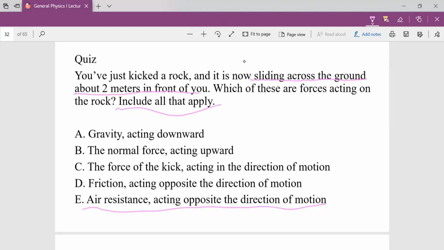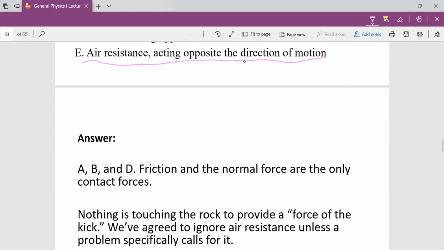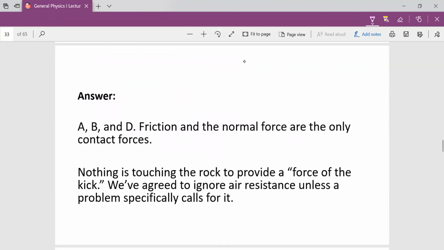The normal force, because the rock is on the ground. Remember when we described normal force, we used the example of placing a book on the table, standing and resting your hand on the wall, on the ground. That's typically what this rock is experiencing. So we can include that we have the contact force. So the answer to this is ABD.